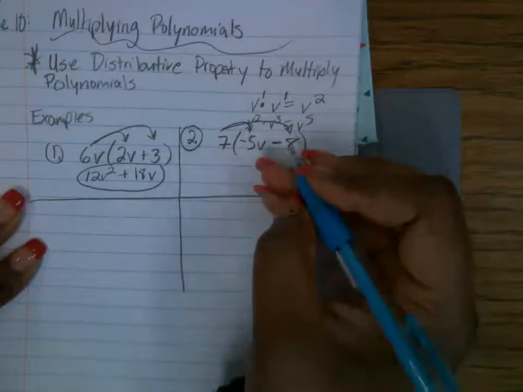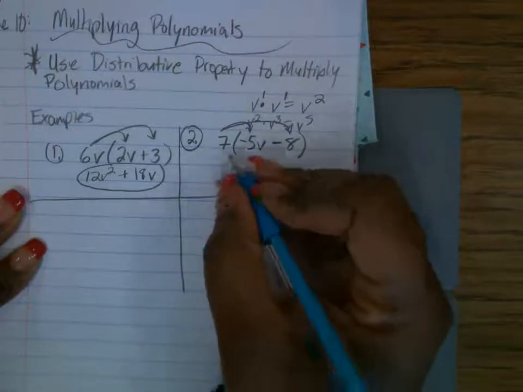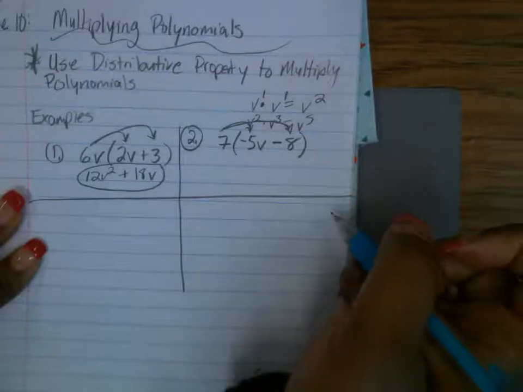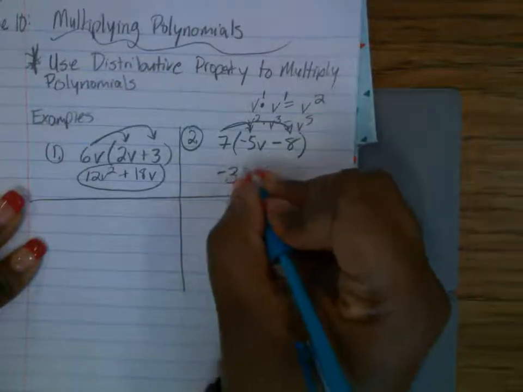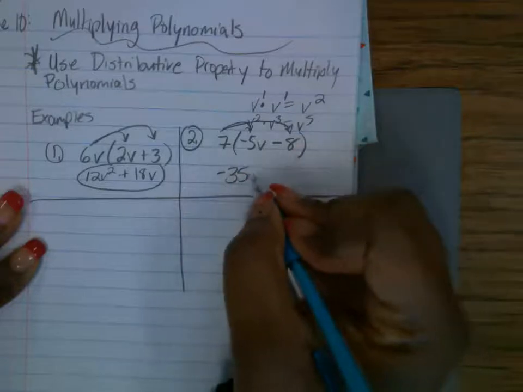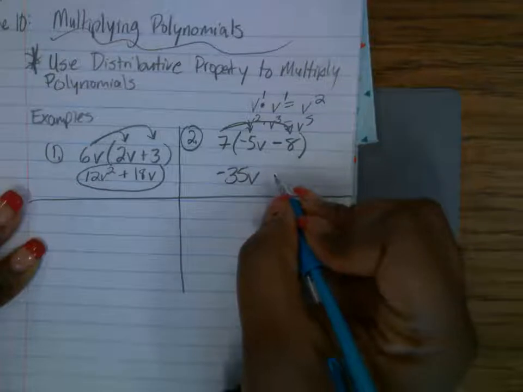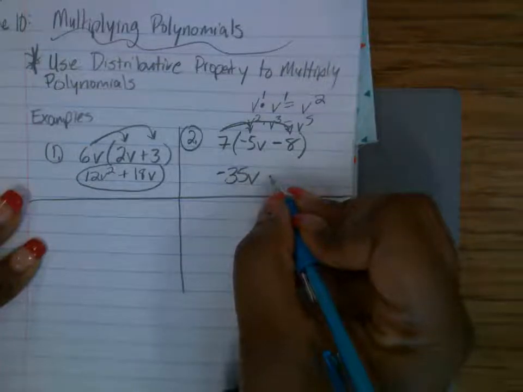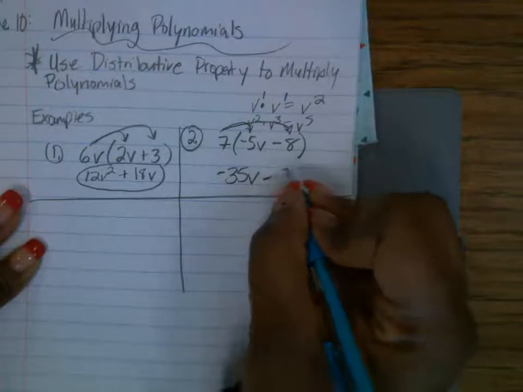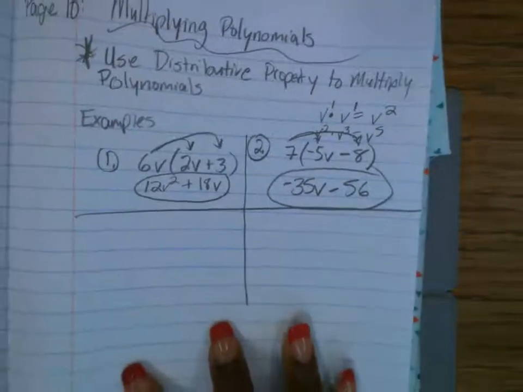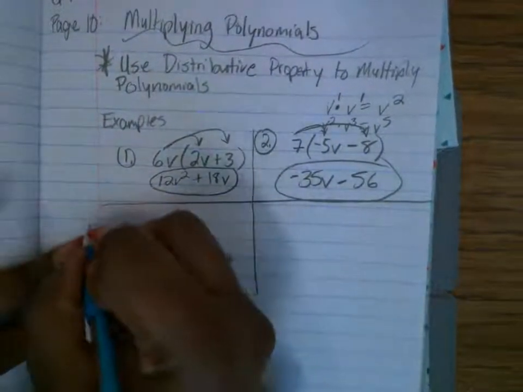What's 7 times a negative 5v? Anybody? Negative 35, what? V. Very good. What's 7 times a negative 8? Minus 56. This is your answer here. Okay? Any questions about number 2?